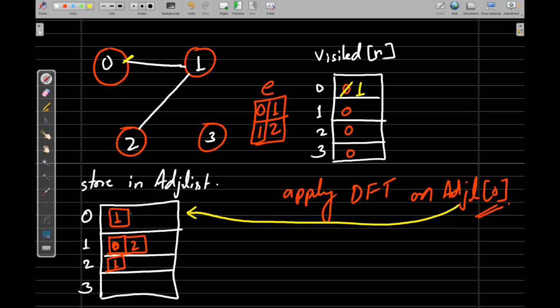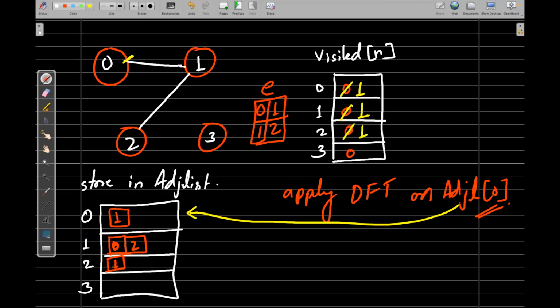Zero's connection is with one. When it goes to one, first it will mark one as visited. Then it will look at one's neighbors. It sees zero, but zero is already visited, so it will move on to two, and mark two as visited.